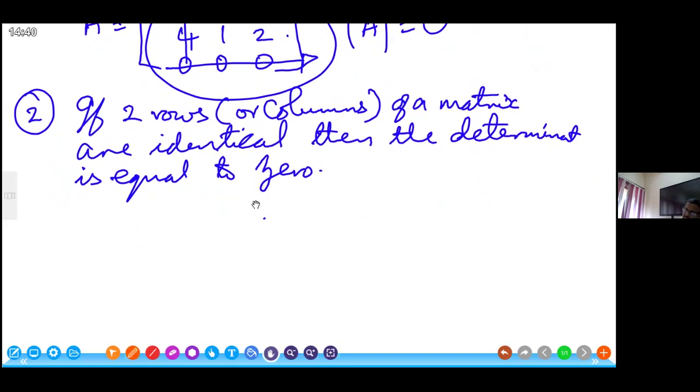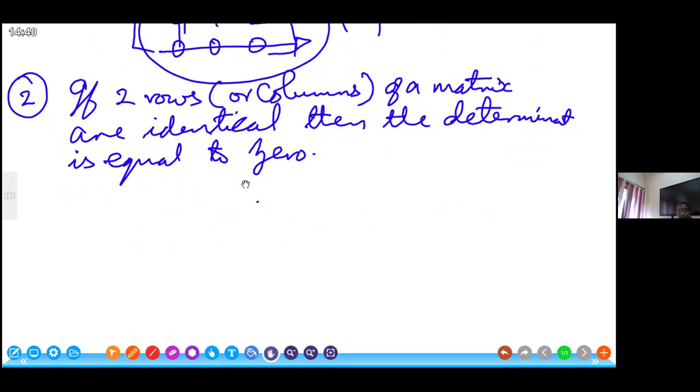So that is another thing. Either two rows or two columns are identical.